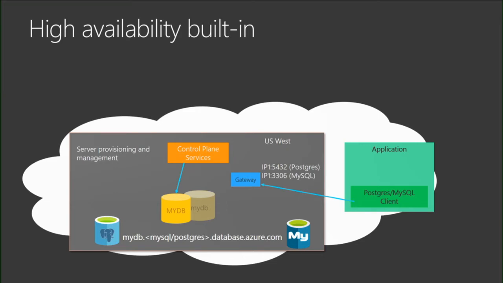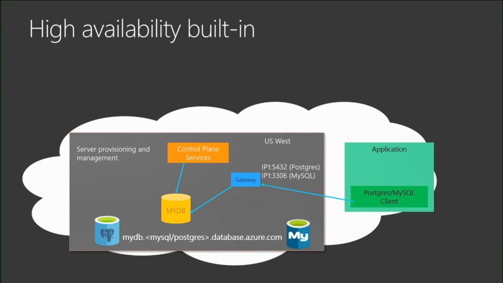What happens is that we rapidly provision another instance, and since we are not running these databases in a virtual machine, our service is built using Azure Service Fabric and containers, like a container process. We are able to rapidly create this new container and then have the gateway redirect to the new instance as soon as that's made available.